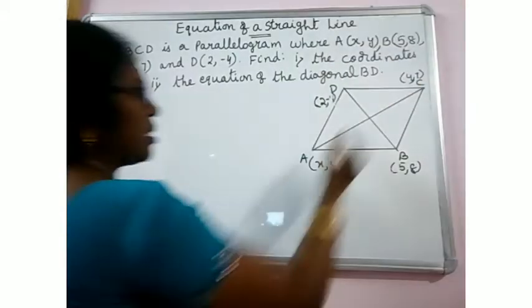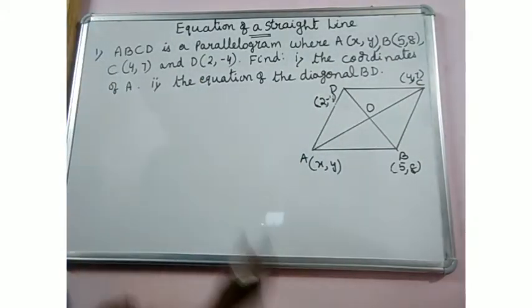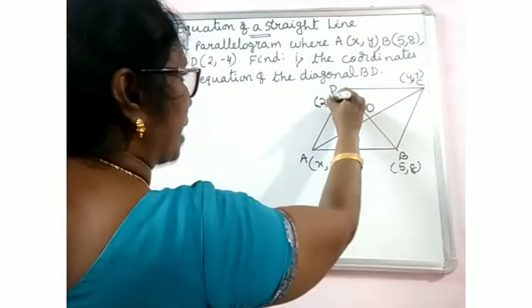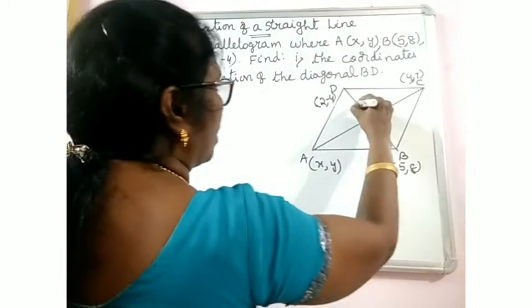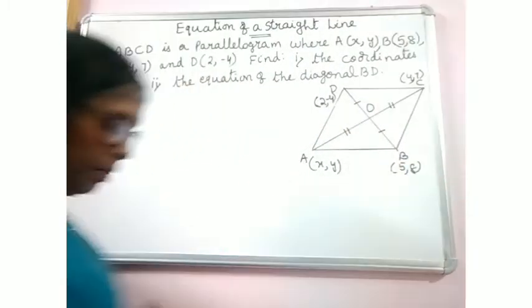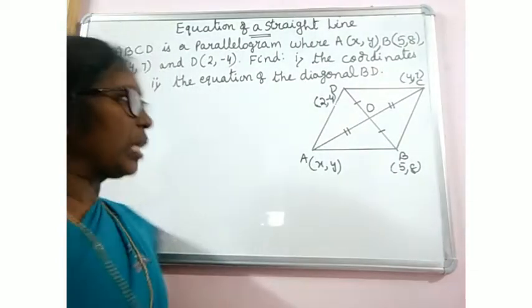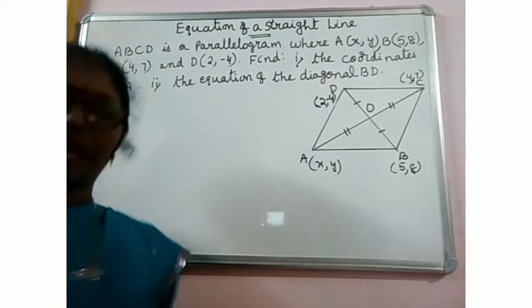Let these diagonals meet at O. In a parallelogram the diagonals bisect each other, so OD is equal to OB, OA is equal to OC. That means the midpoint of BD is equal to the midpoint of AC.